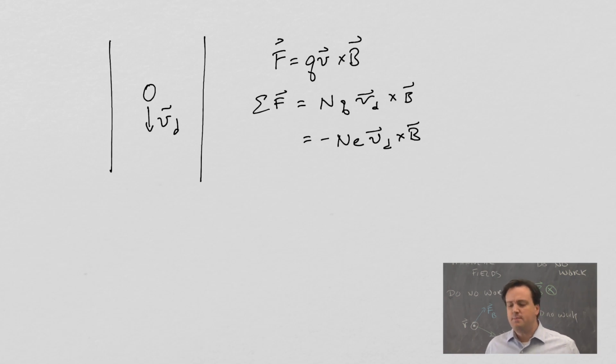But I can be a little bit cleverer about this, because generally when we're talking about electrons moving, it's not so important the absolute number, it's more important what the density is.